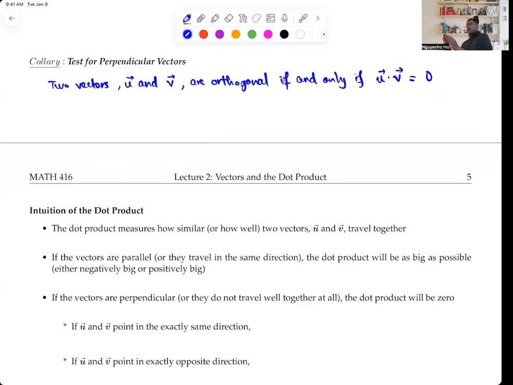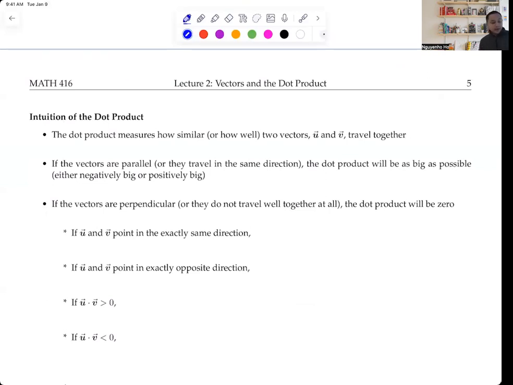So again, using the formula cosine of theta equal to the dot product divided by the product of the magnitudes of the two vectors, the dot product measures how similar, or how well the two vectors travel together, right? So if the vectors are parallel or travel in the same direction, the dot product will be as big as possible, either negatively or positively big.